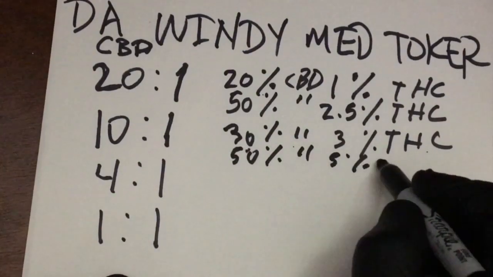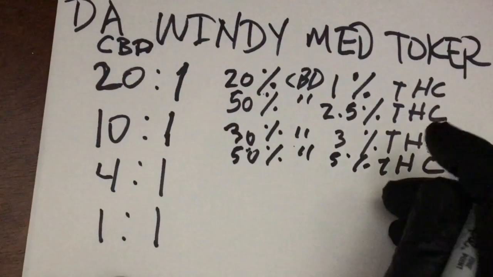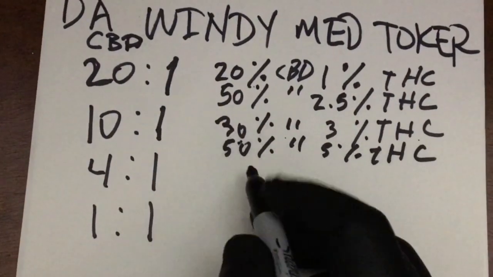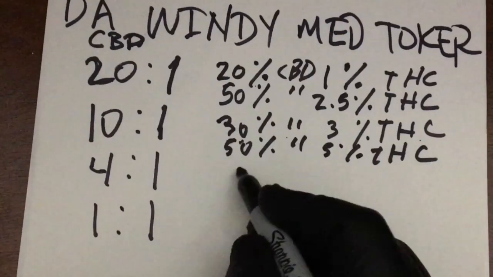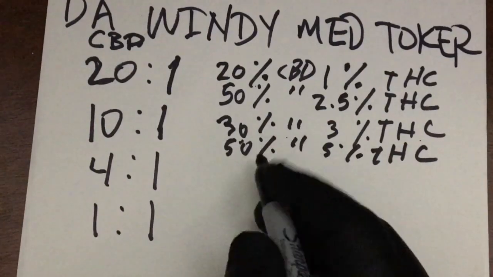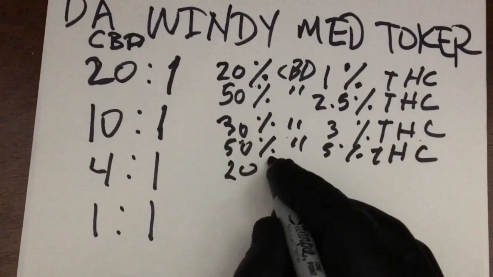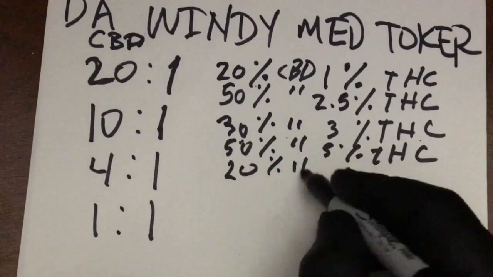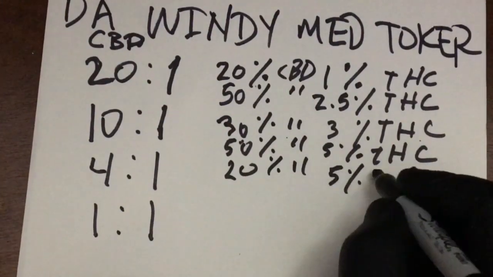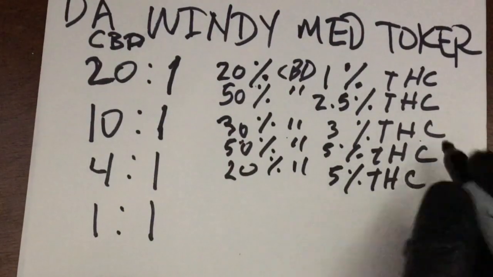Now 4-to-1 ratio. Let's do 20% CBD, you'd have 5% THC.